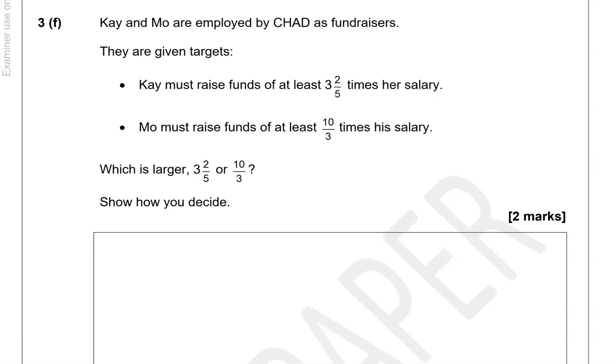What I'm going to do, since we can use a calculator, so comparing 3 2/5, so that is 3 whole ones already, plus the 2/5. So 2/5 as a decimal, so 2 divided by 5, using a calculator, that is 0.4. So 3 and 0.4 gives us 3.4.